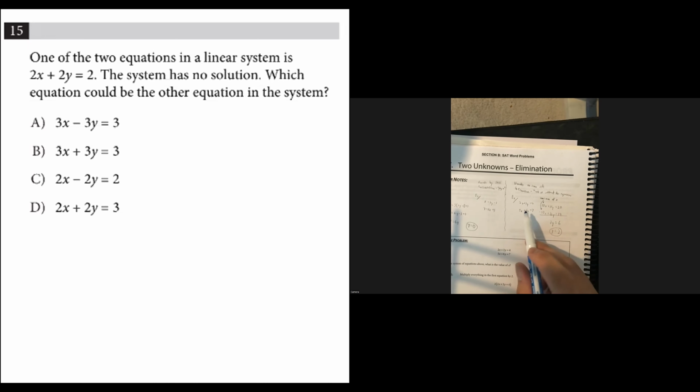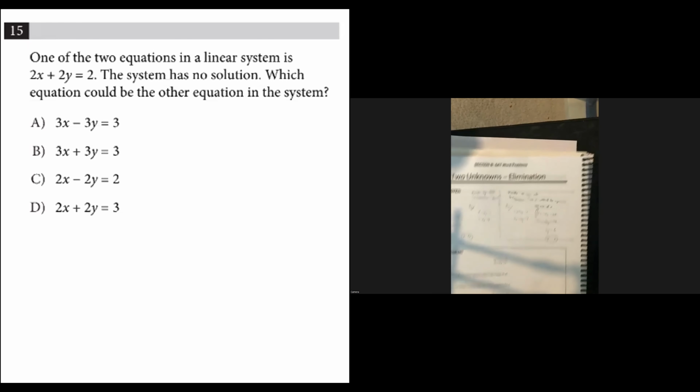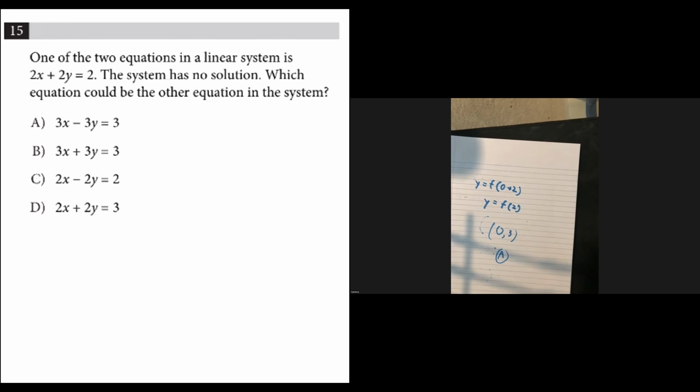So we would multiply the second equation by 2, and we would get 10x plus 12y equals 14. And the top equation we multiply by 5, which would get us 10x plus 15y equals 20. And then we can just subtract the bottom from the top, which would get us 3y equals 6 and y equals 2. So those are the two ways we can solve these type of questions.